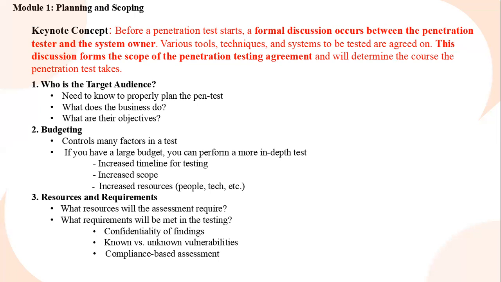That would mean that you need more time. That would mean that you need more people. That would mean that even your reporting, your documentation, is going to take a little while to do, and it's going to have more pages, right? It then means the presentation you're going to do at the end of the day is going to take you quite a while to finish presenting. So that's why budgeting is very important when it comes to penetration testing.